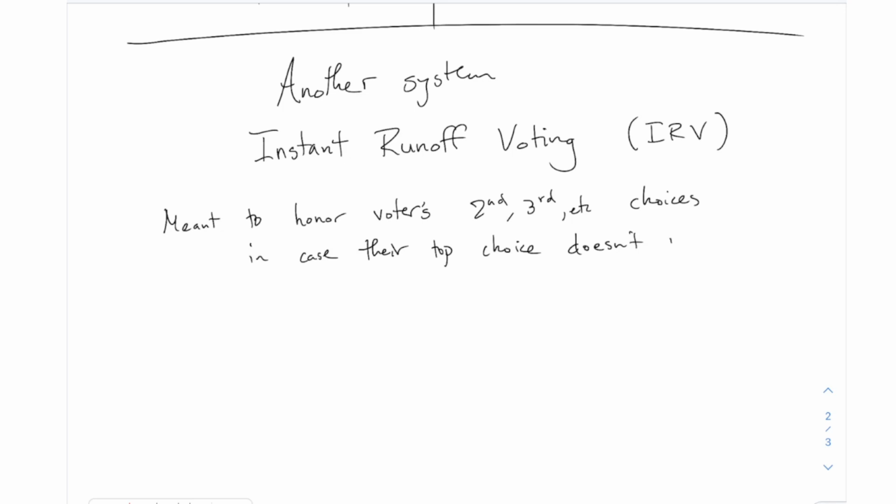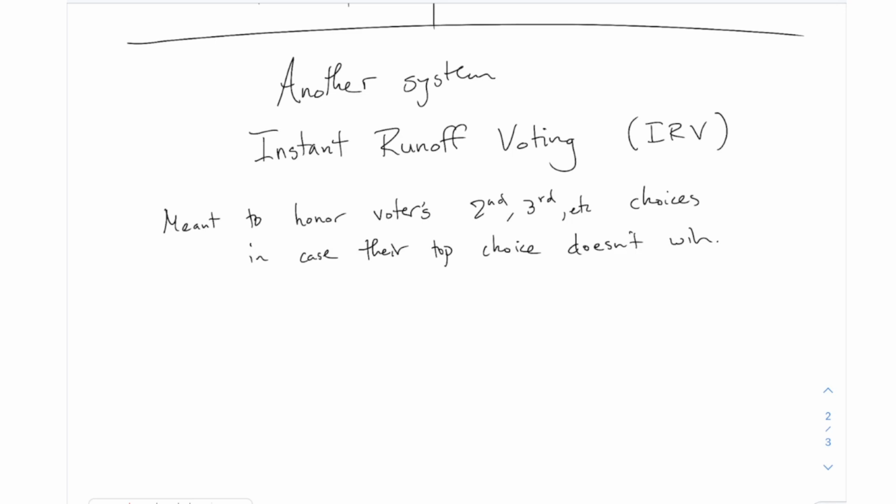All right, this is the point of the instant runoff system. It was designed so that if my first choice isn't going to win, then the system is meant to take into account my other choices in that scenario, all right?